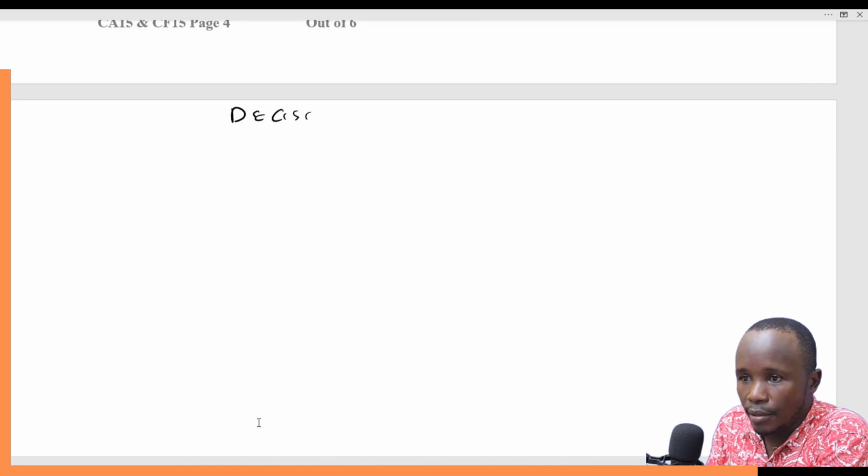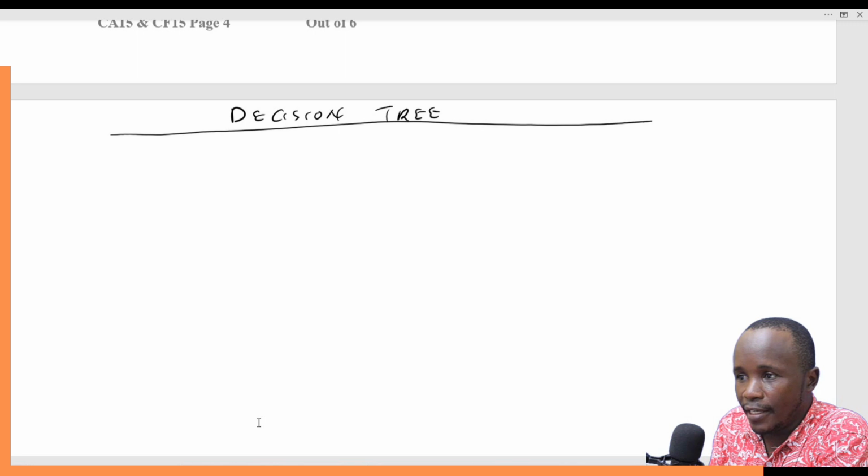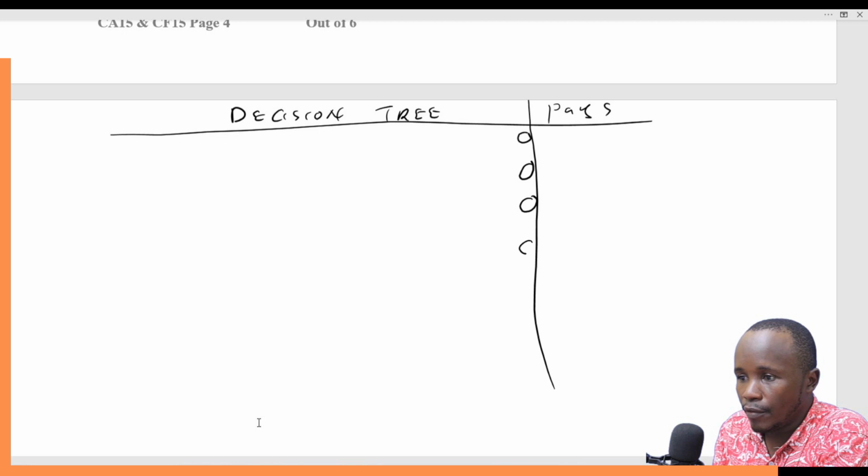Decision tree. Our decision tree, we have identified it has 8 tails, and then this column is for the payoffs. So we have 1, 2, 3, 4, 5, 6, 7, 8.